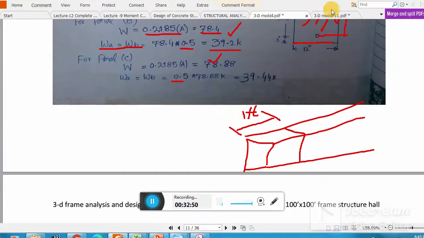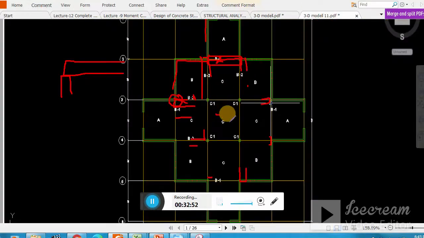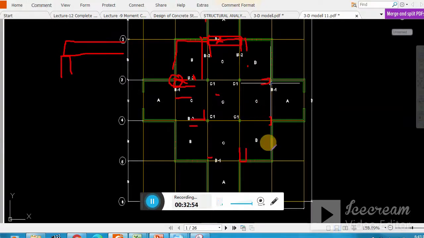Now this is important to understand. Remember, this is very important to understand. Now you see this panel, that 39 basically in this direction, in both directions, and similarly 39. Clear? Now we need to divide 39 by 2, because half goes toward that beam and half toward this side.